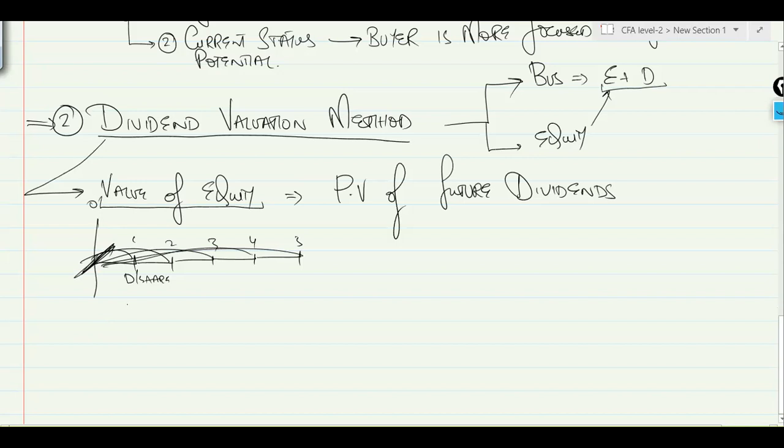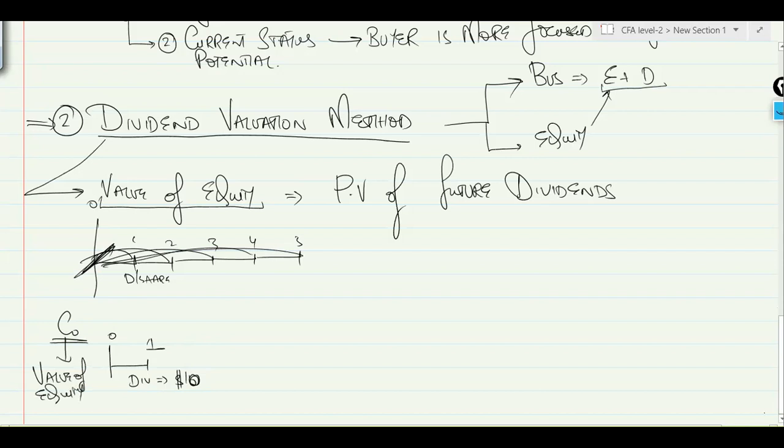Let's suppose there's a company. It pays a dividend per share of $10 each year. So there's no change in dividends. Each year it pays the same dividend, $10. And you are asked to compute the value of company equity.